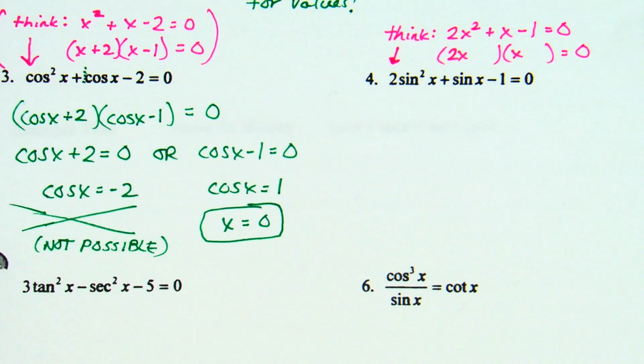There's 2 places that sine equals positive 1/2. What's the other one? 5 pi over 6. Do these numbers sound familiar? Hello, cheat off of yourself. What was our answer to number 1? Oh, pi over 6 and 5 pi over 6. So right here, x equals pi over 6, 5 pi over 6. Am I done?